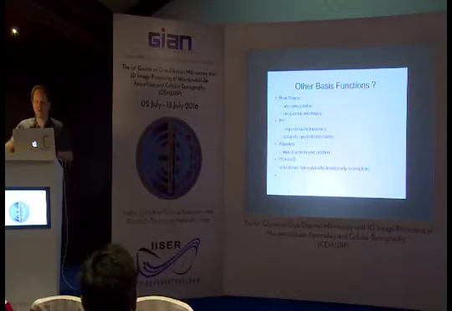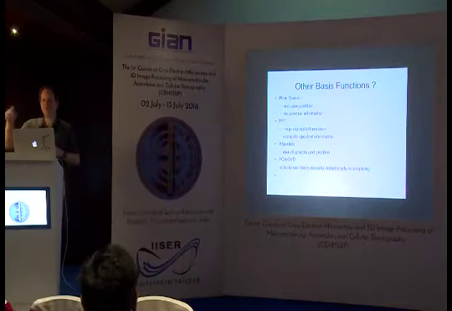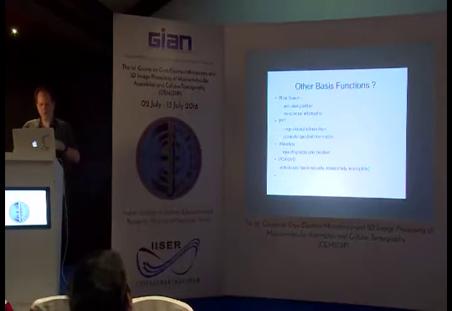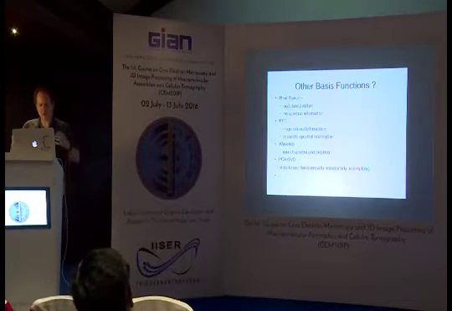You only know where the things are. And the Fourier transform is the opposite. In the Fourier transform, you have frequency information, but you don't know where in the box that frequency information exists unless you take it back to real space and look at it, right?